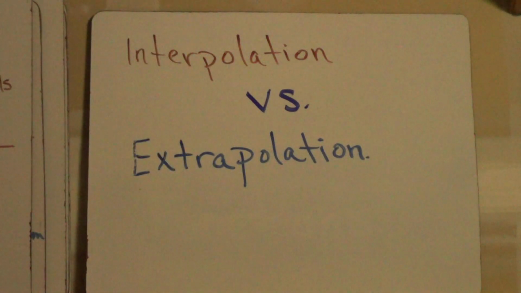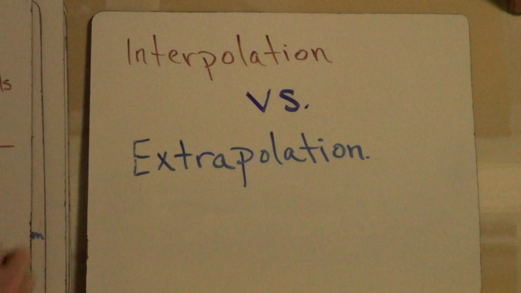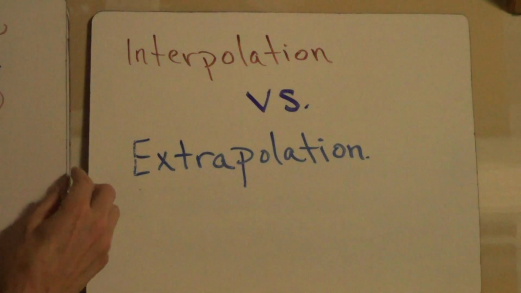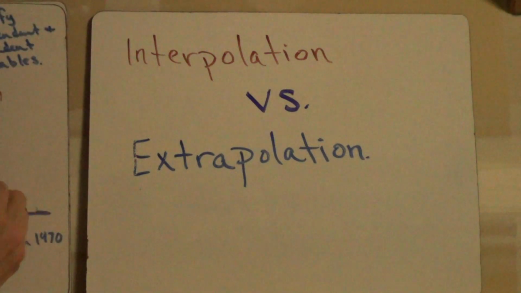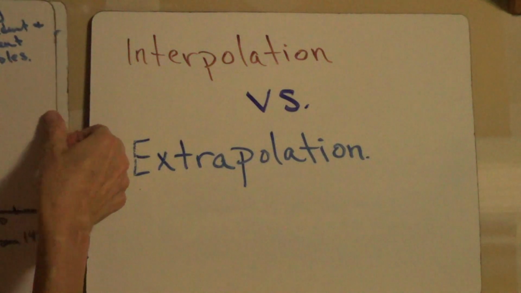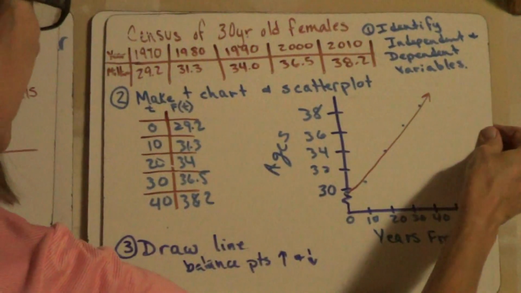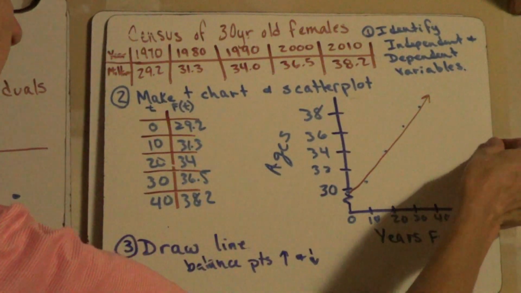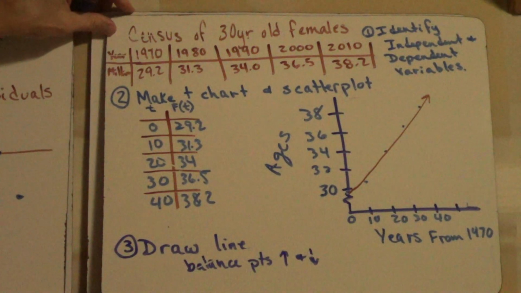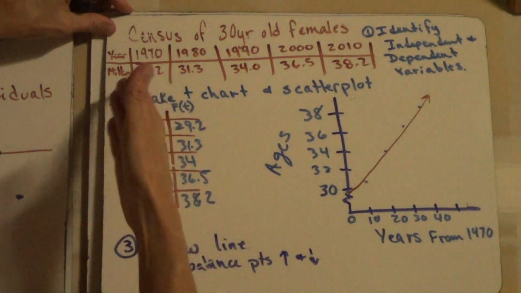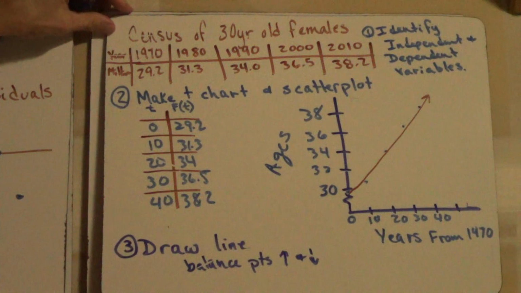Okay, one last thing. With data, you're going to be asked to interpolate predictions and extrapolation with predictions. Let me explain what that means. Interpolation would be if I ask you, how many women do you think there might have been in 1975?